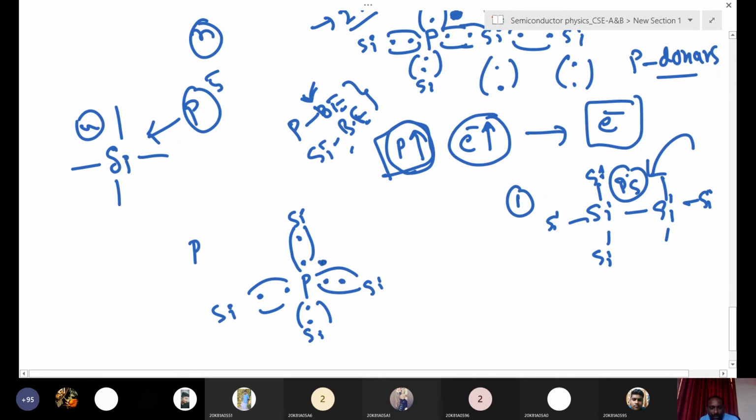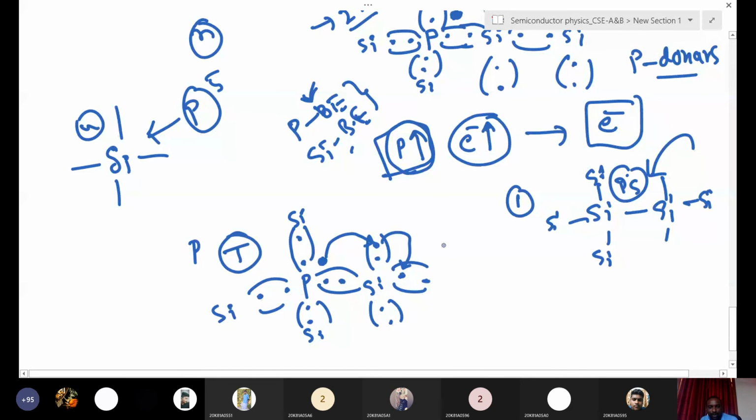So phosphorus has one extra electron. There will be several covalent bonds, not only one. The binding energy is less, so this electron is free once we give some temperature. After that, this will replace another electron, which also gets some thermal energy and replaces some other electron.